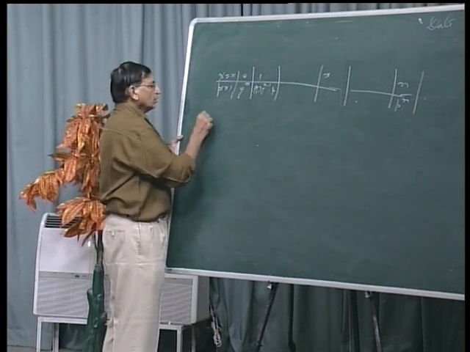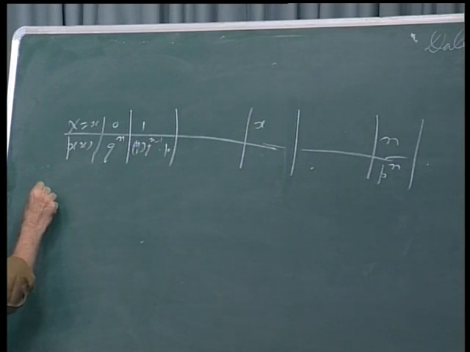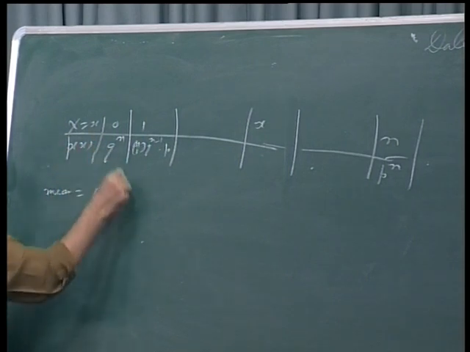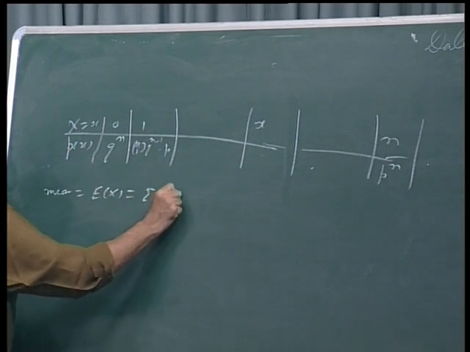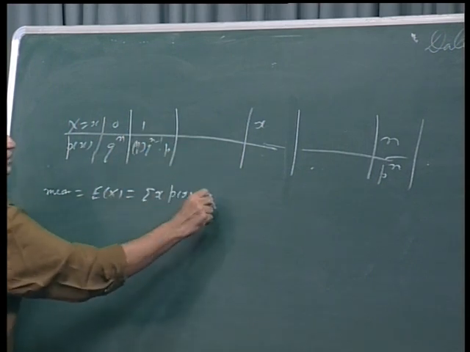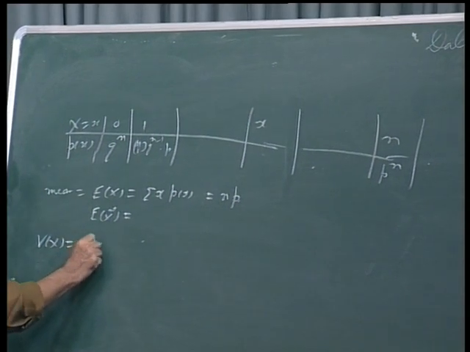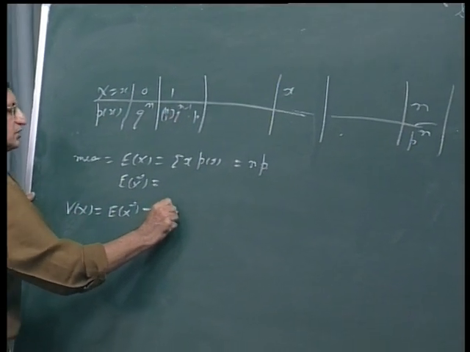Now to find the mean: mean is expected x, so the formula is sigma x p(x), that we know. If you find the mean, it will be np. Similarly, we can find expected x square, then variance of x, that is expected x square minus (expected x) square.